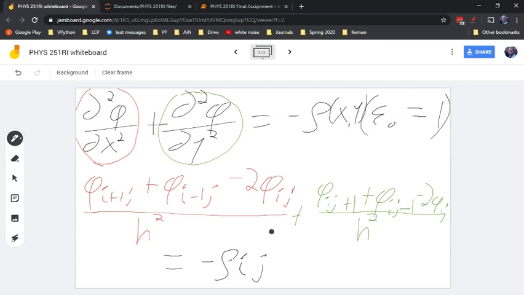So this is saying rho at that particular coordinate gives you how much phi changes by at the various points around it. And it kind of makes sense, right? If I put a positive charge somewhere, that's going to change the potential around that particular point. This doesn't contain any new information compared to the calculus version. It's simply writing it in a discrete version, simply talking about it point by point instead of as a function.